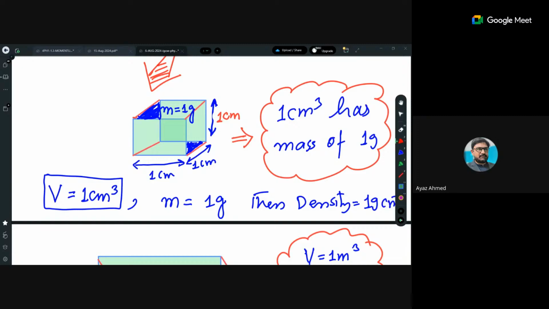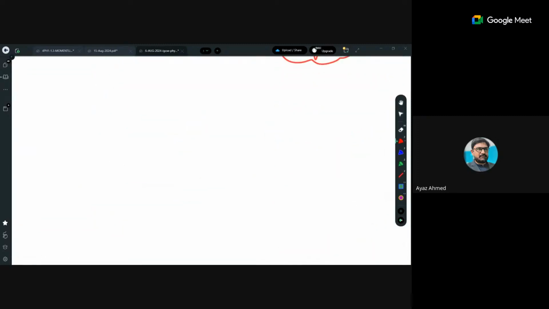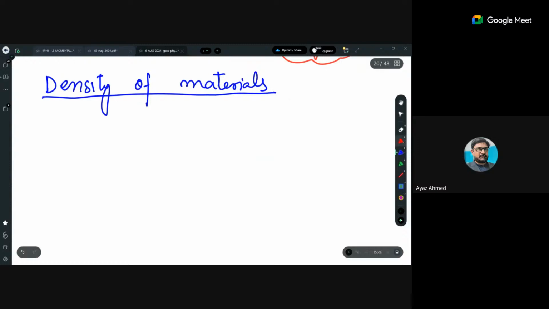Yes sir. Okay, let me explain in another, very easy way. Let's talk about the density of different materials. Can you tell me the density of water? Can anybody? Yes, Ariba, you have to tell me what is the density of normal plain water. If I'm remembering correctly, it was 1 gram per cubic centimeter.